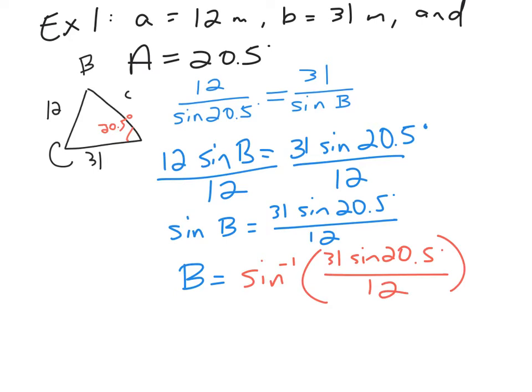So when we do our arc sine, we're going to find out that angle B is approximately 64.783 degrees.